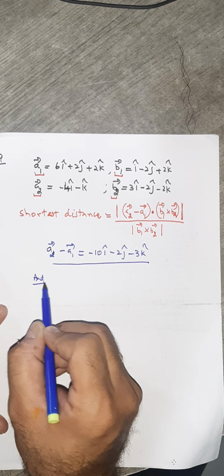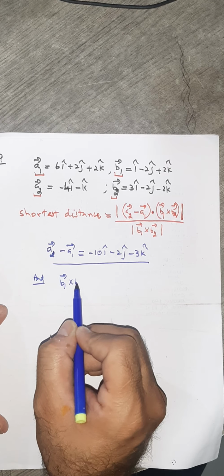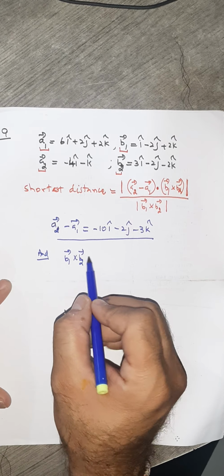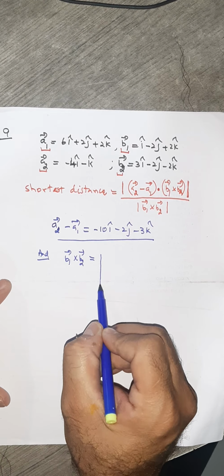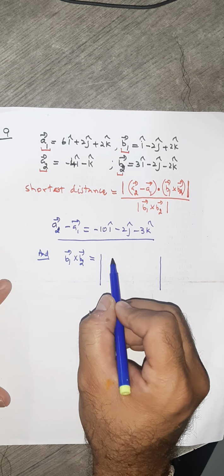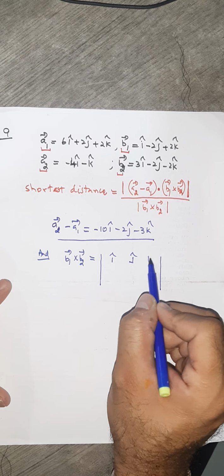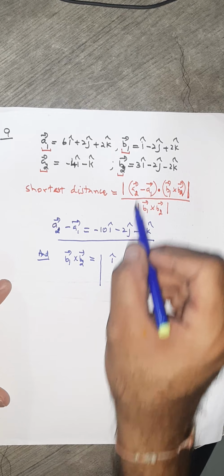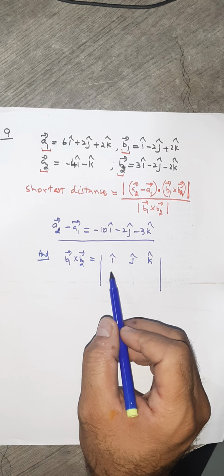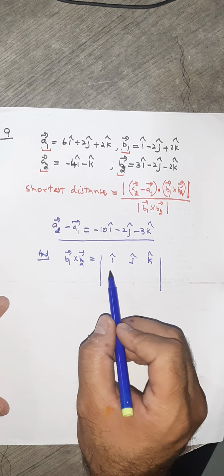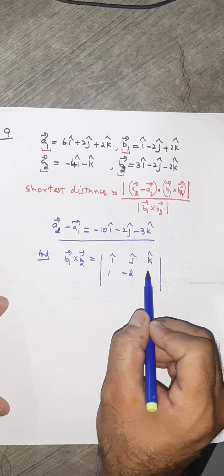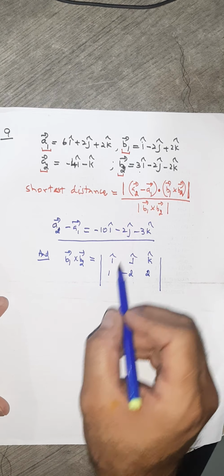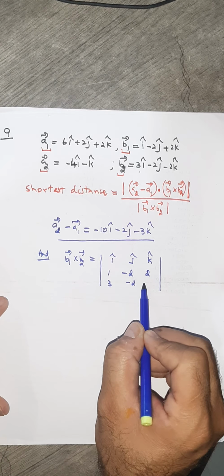And now the cross product b1 cross b2. You know how to do the cross product. It's a determinant. Here you have i, j, k. What is b1? That is nothing but 1, minus 2, 2. And b2 is 3, minus 2, minus 2.